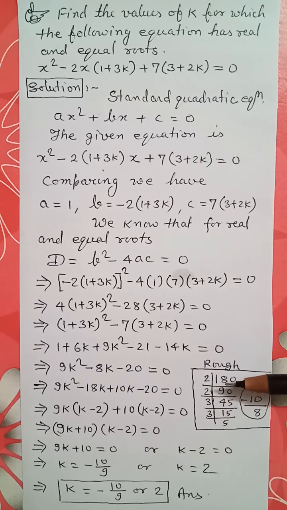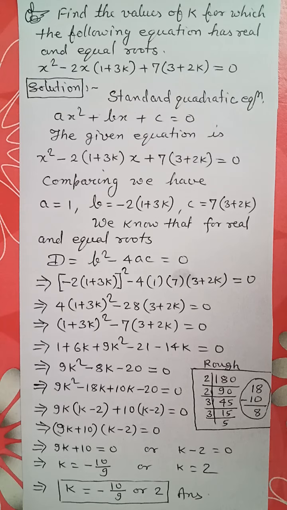Now let us factorize it. The prime factorization of 180 is: 2, 90; 2, 45; 3, 15; 3, 5. That means 180 is equal to 2 multiplied by 2 multiplied by 3 multiplied by 3 multiplied by 5.